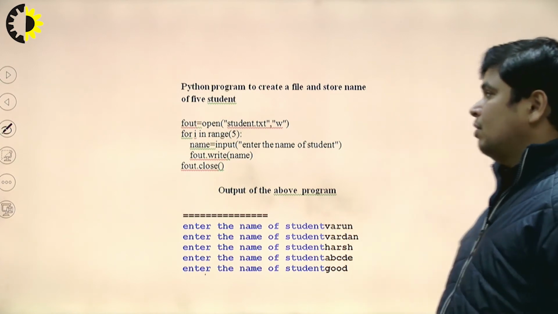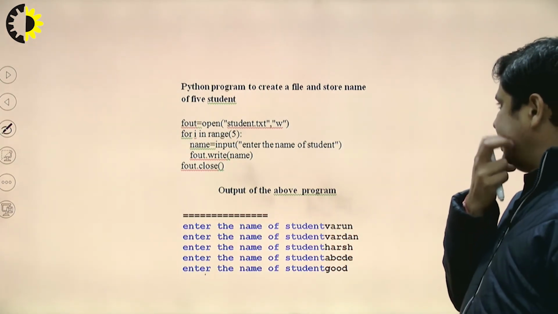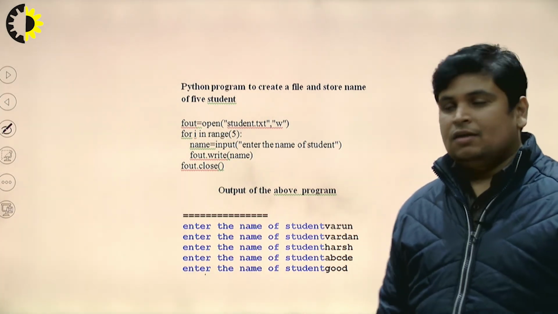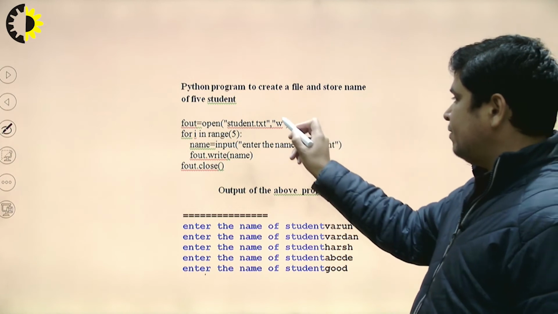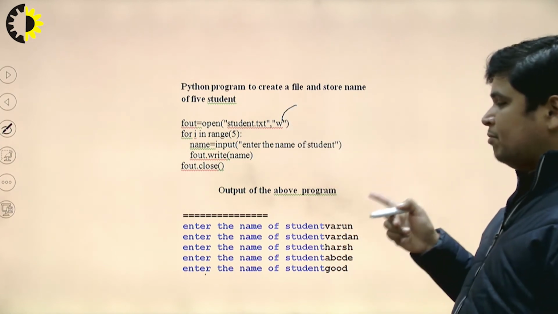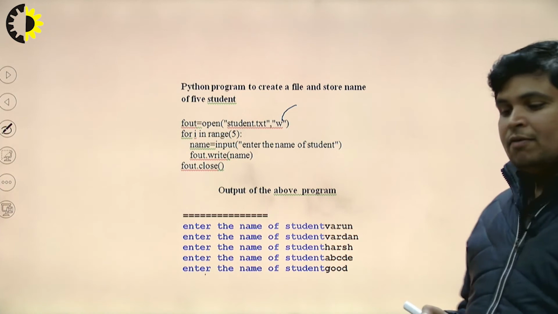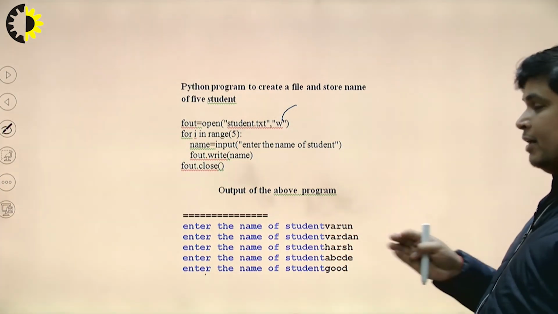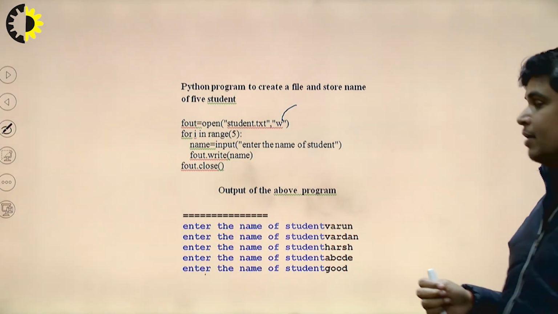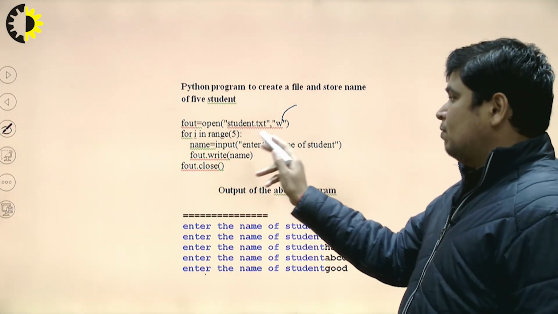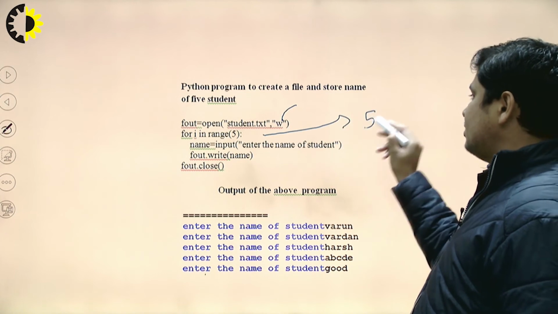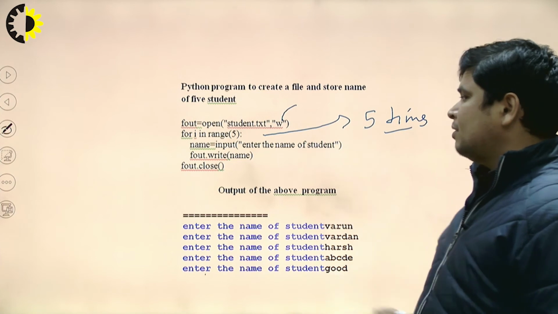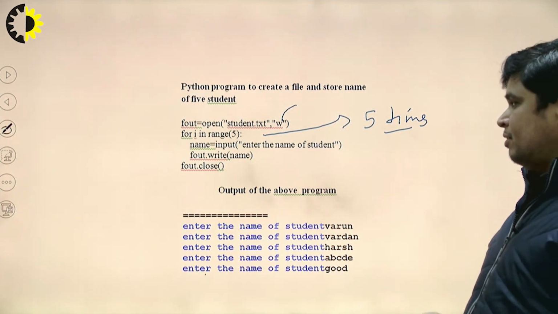Okay. This is the program to create a file and store the names of 5 students. Now take very special care. I am going to open a file in write mode because my intention is to write the data inside the file. This loop will run 5 times. First time, enter the student name.